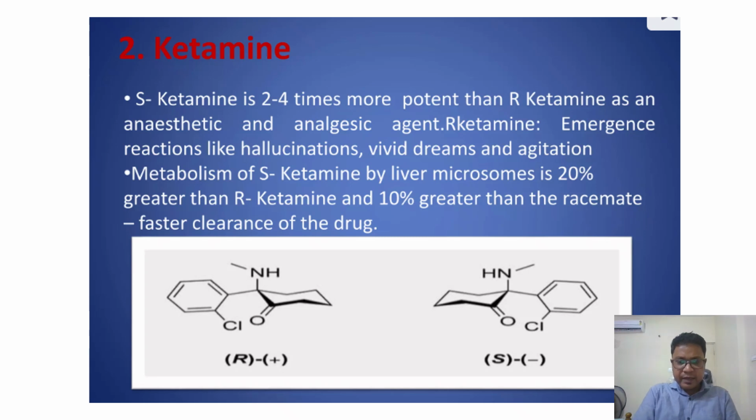Metabolism of S-ketamine by liver microsomes is 20% greater than R-ketamine and 10% greater than the racemate, meaning faster clearance of the drug molecule. So we can see that S-ketamine is much more effective and useful for the treatment compared to the R enantiomer.